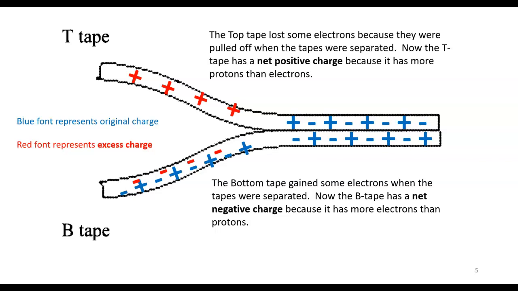Now the top tape has an excess number of protons, and that means it has a net positive charge because it has more protons than electrons. The bottom tape has gained some electrons when the tapes were separated. So now the bottom tape has a net negative charge because it now has more electrons than it does protons.